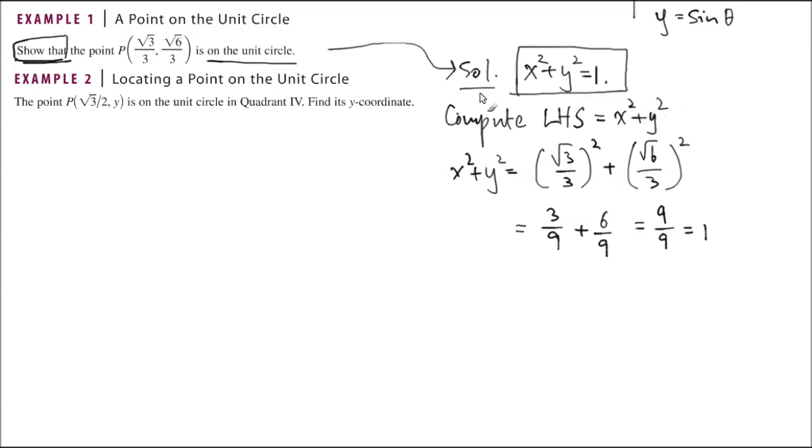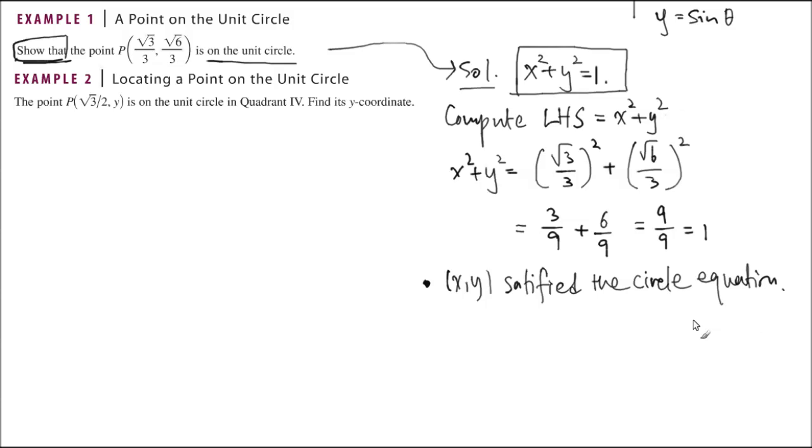The final thing you have to write down, to show that you know what you're doing, is that therefore x comma y satisfies the circle equation. Isn't that what we just did? We looked at the left-hand side and showed that it's actually 1.